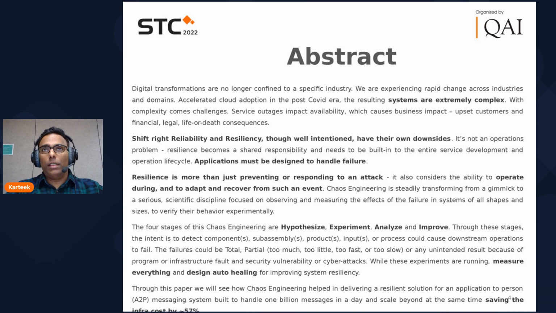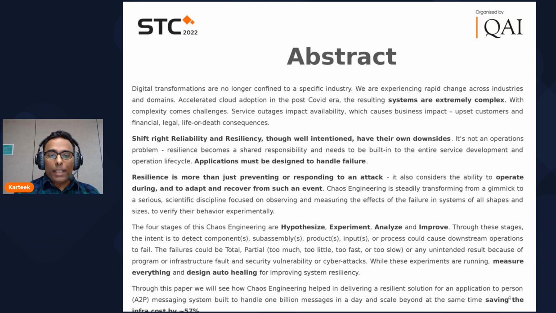The recent large scale sporting event that is happening around the world uses a digital twin, which consists of on-premise infrastructure on multiple clouds. So that adds to the complexity. Though we have shift right reliability and resiliency, they have not been able to address all the problems, and they come with their own downsides.